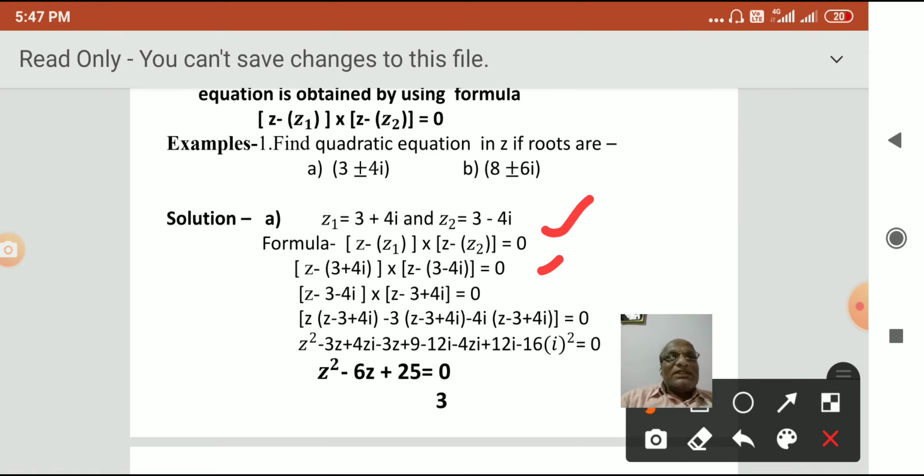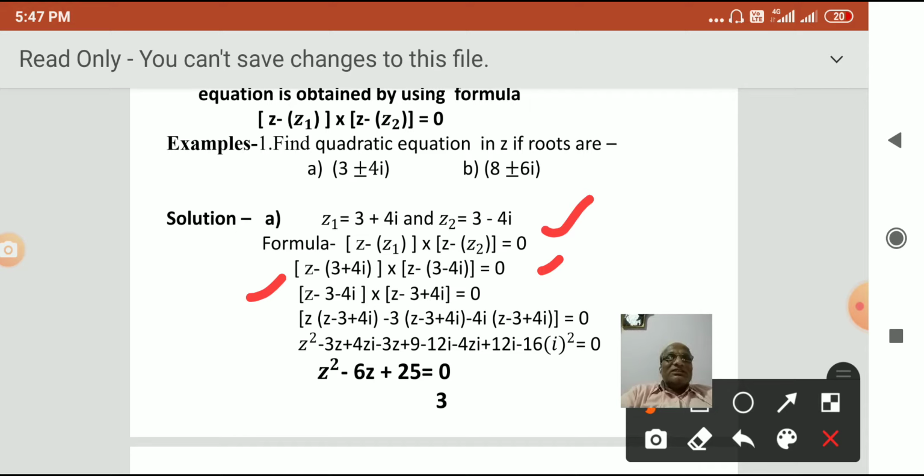Now simplify this. Simplify means solve the internal brackets: z minus 3 minus 4i, because there is a minus sign outside this bracket, so the internal signs change. So this becomes z minus 3 minus 4i, bracket complete.